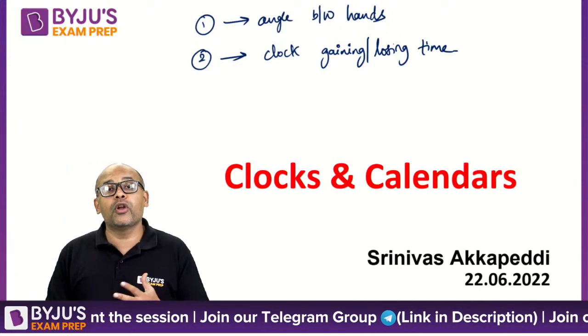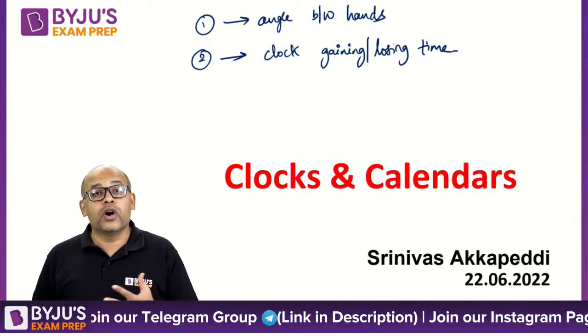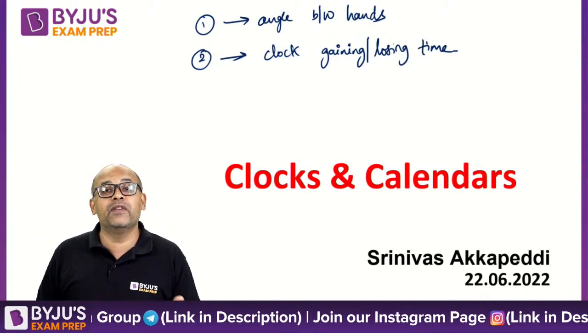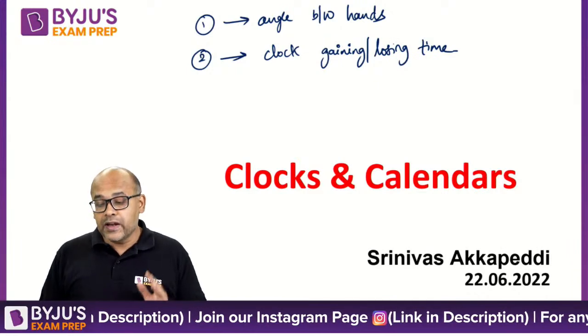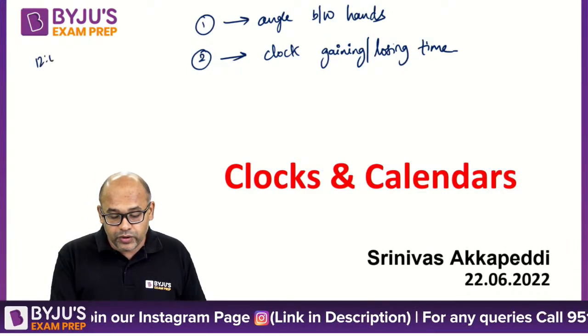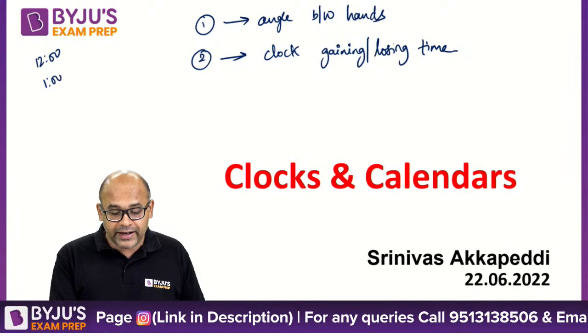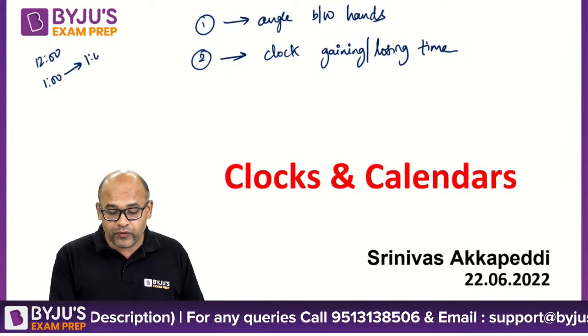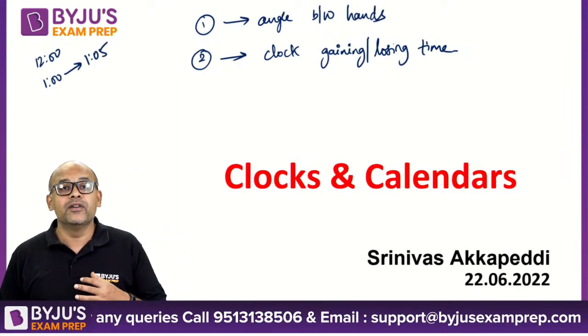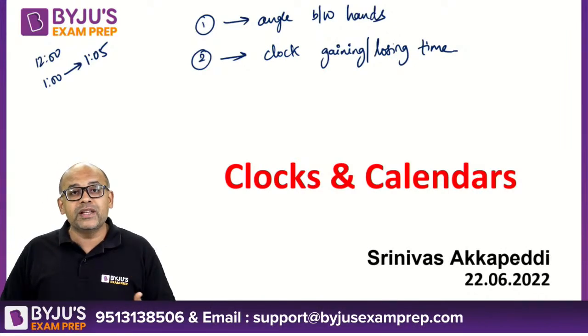So if I say a clock shows 5 minutes or gains 5 minutes in every 1 hour, it means if I set it correctly at 12 noon, at 1 o'clock correct time, the clock shows 1:05. Gaining means it is running fast. Losing means it is running slow.